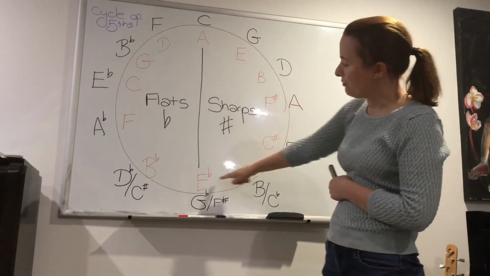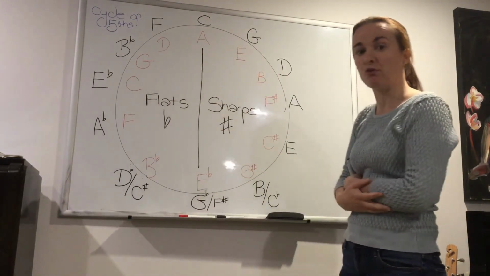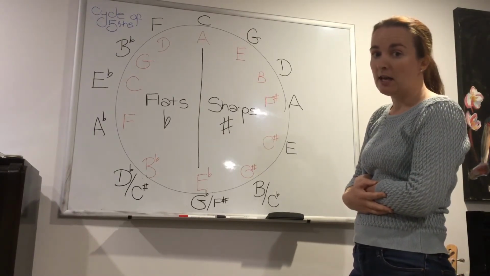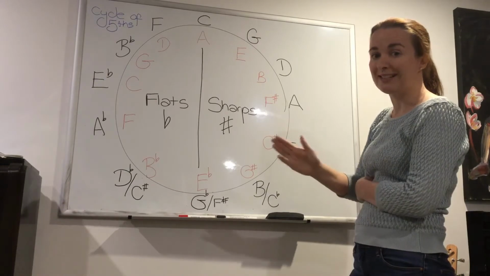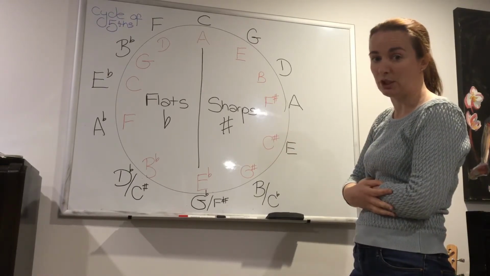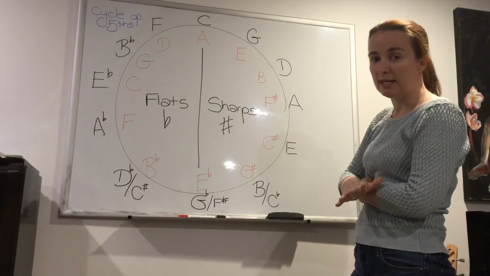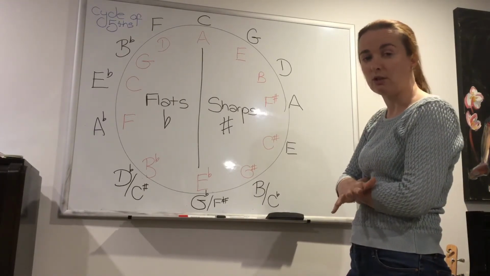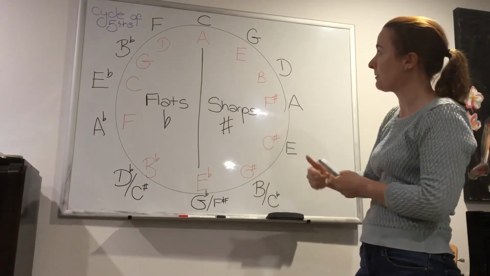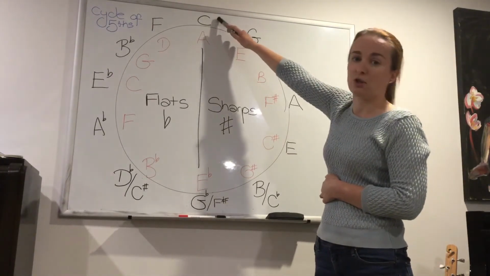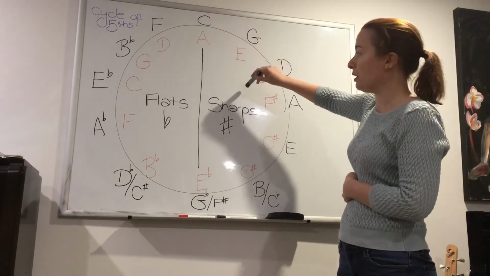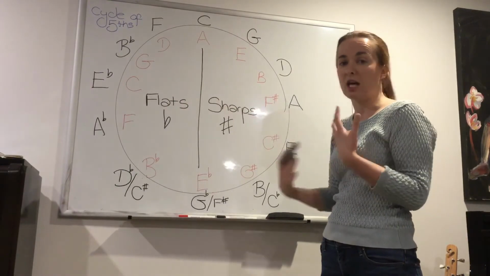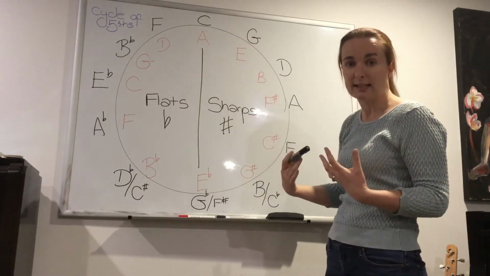In the middle, written in red here, we have the relative minors. The minor keys have key signatures which are the same as their relative majors. Now, if you don't know about relative minors and relative majors, make sure you watch the video I made about relatives. C is up here because it doesn't belong to the sharp side or the flat side, because it doesn't have any sharps or flats in the key signature.